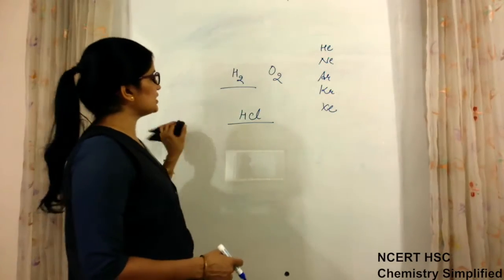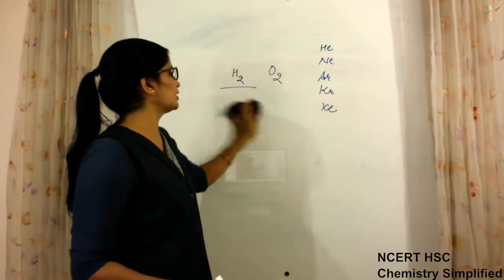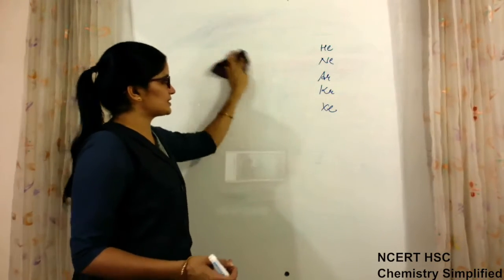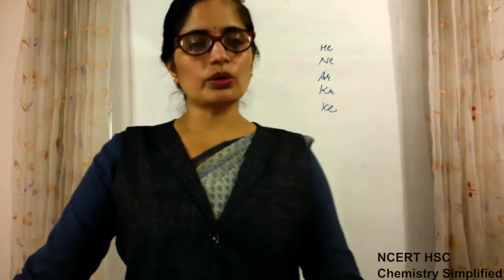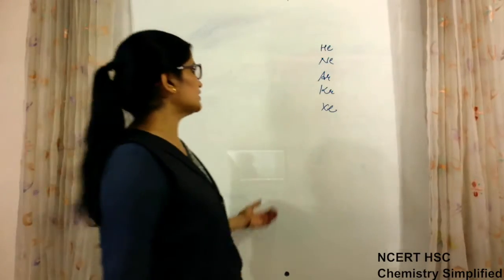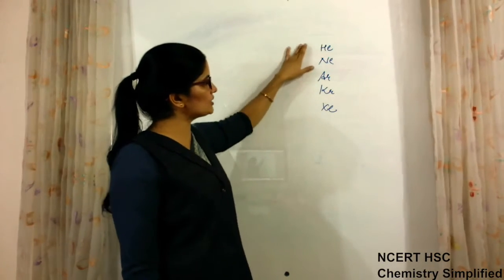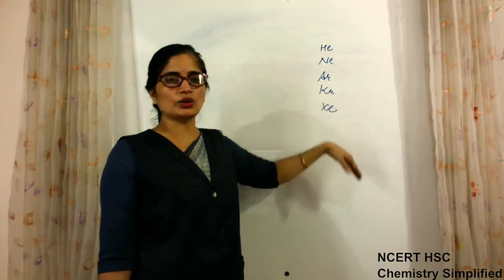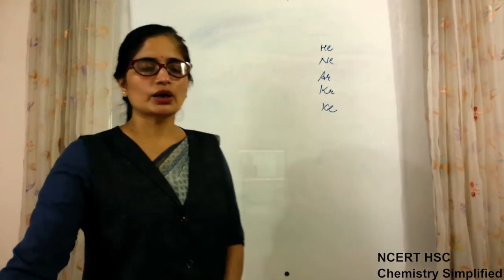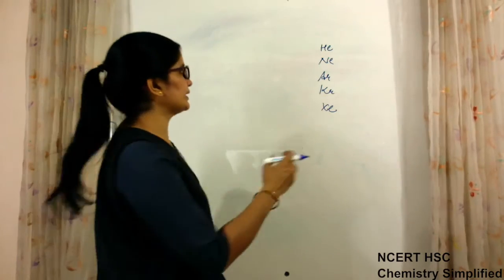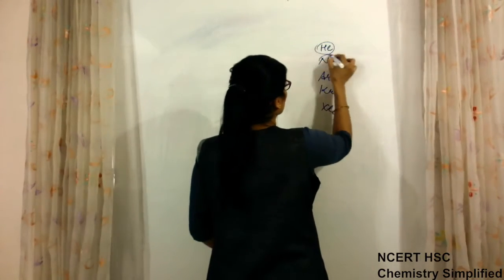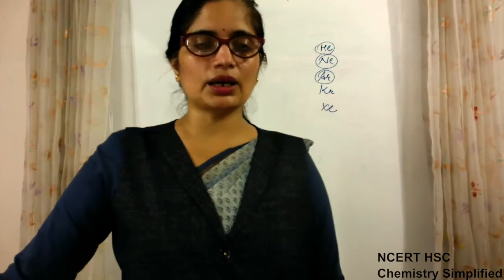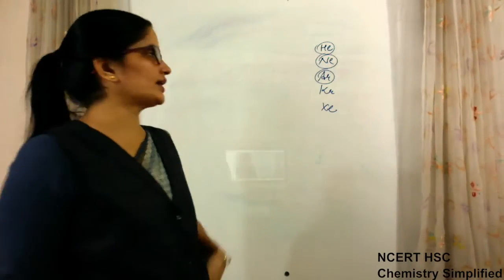So why do these elements undergo chemical combination? This was the question for all scientists. When this was studied, first they studied these noble gases, that why these are not undergoing any sort of combination. Then it was understood clearly that all these inert gases have their octet already complete, or duplet in case of helium.